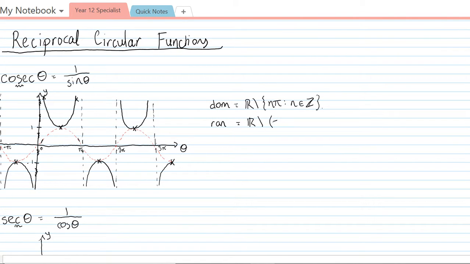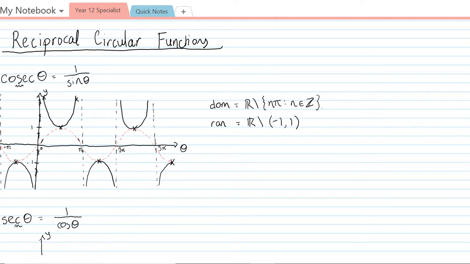And in this case, the -1 to 1 is not included, so I'm using round brackets because I'm excluding it. So yeah, it's a bit of a thing to get your head around. Basically, the values of 1 and -1 are included.